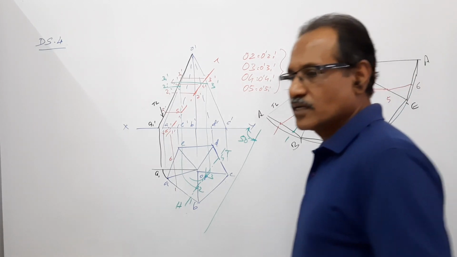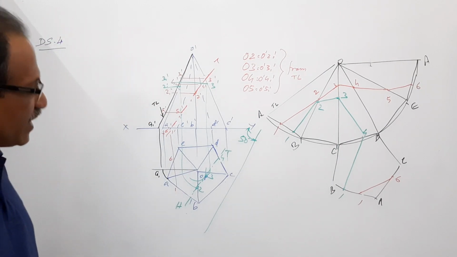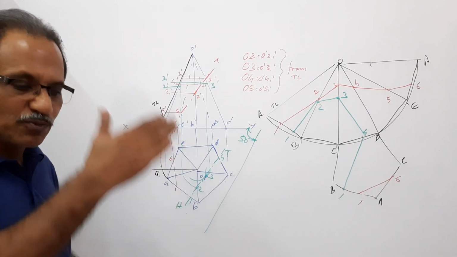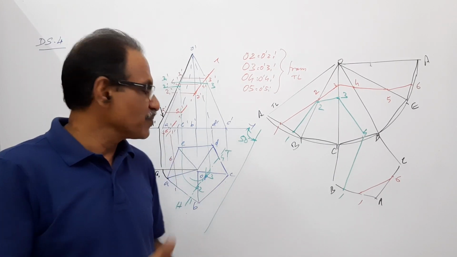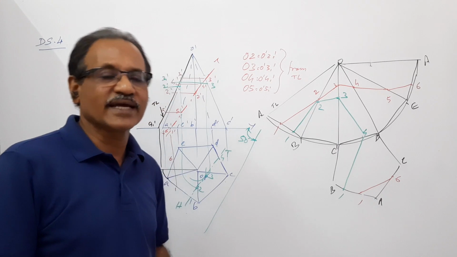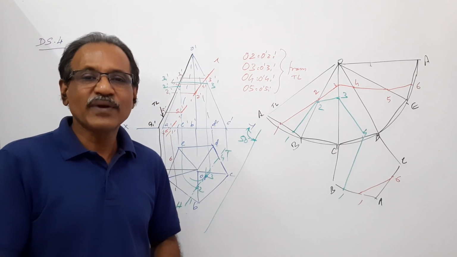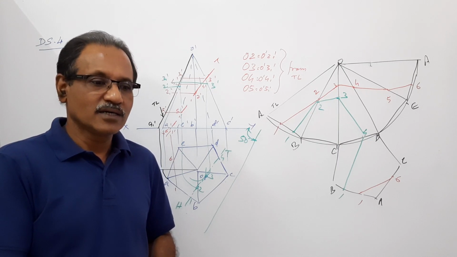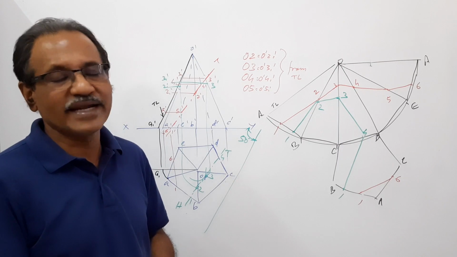This is the total development of the pentagonal pyramid when it is cut by a cutting plane which is perpendicular to the base and inclined at an angle to VP, passing through 10 mm away from the vertical axis. So with this we complete the basic reference problems of section of solids and development of surfaces.